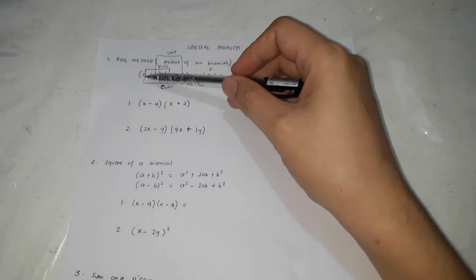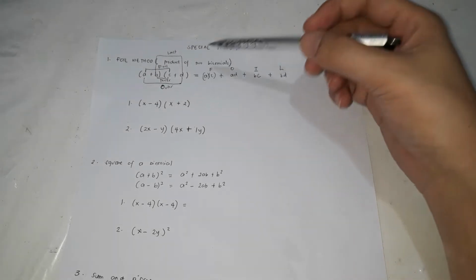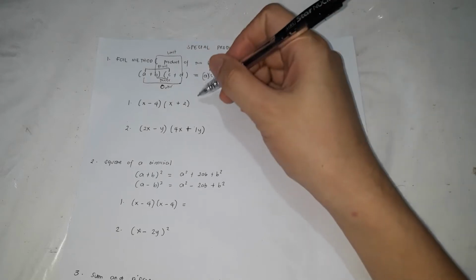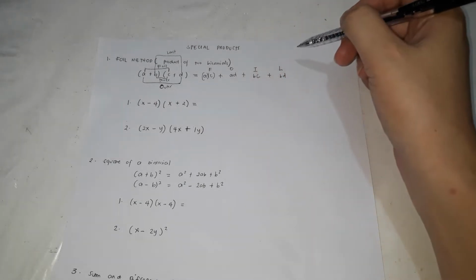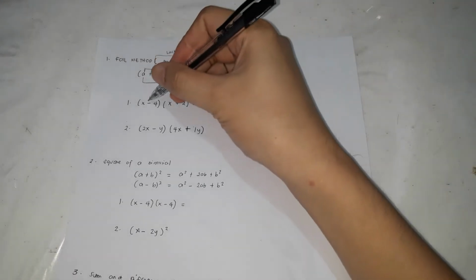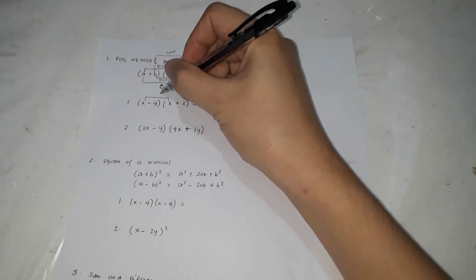So binomials, yung dalawang term lang, 1, 2, 1, 2. So for example, x minus 4 times x plus 2. To multiply this one, you're going to identify yung first, outer, inner, last terms. So in here, yung first are x at saka x. Ito sila sa first.